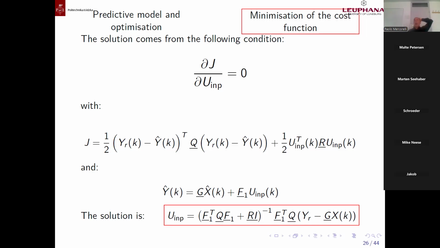Do you remember, F1 is the matrix which depends on the inputs. In particular, Q and R are the weights. I mean, F1 cannot be modified once I have the model. Q and R represent the weights, and these can, of course, be modified. We can consider different weights.